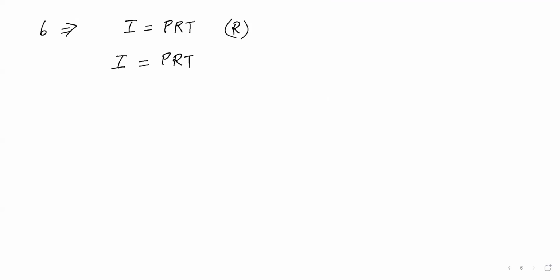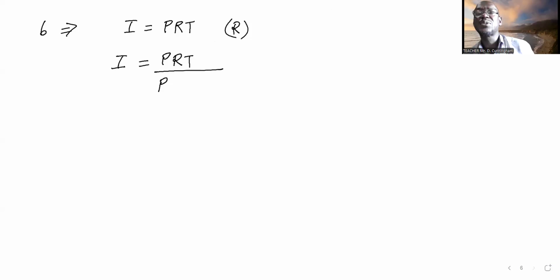You divide by P and T. It wouldn't be R, because if you divide by R, you're going to cancel out the R. You're right. So what are we dividing by?